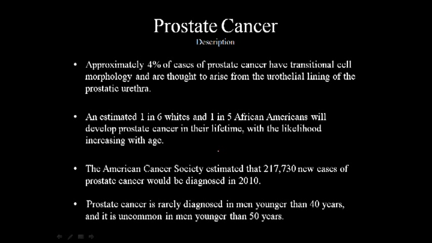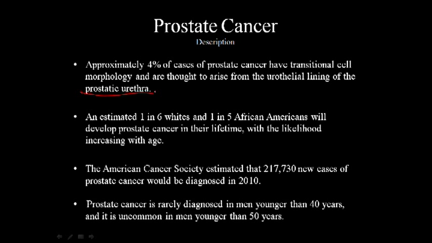Approximately 4% of all cases of prostate cancer have transitional cell morphology and are thought to arise from the urothelial lining of the prostatic urethra. So they typically originate from the area of the urethra that actually runs through the prostate gland.